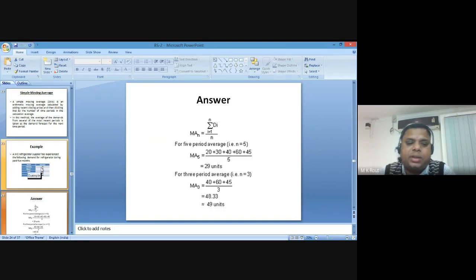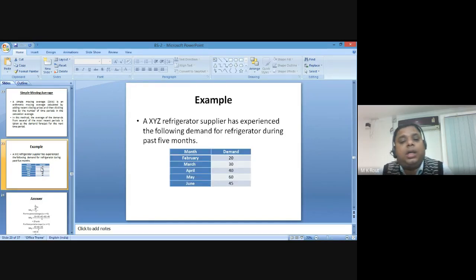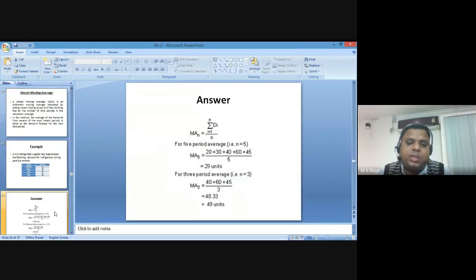Similarly, if I ask for the demand forecast for July by using the 3-month moving average, that means you go to the past 3 months, April, May, June, or reversely June, May, April. You can calculate by using the same formula, where n equals 3, because I have already told you to calculate the moving average for 3 months or a 3-period average.